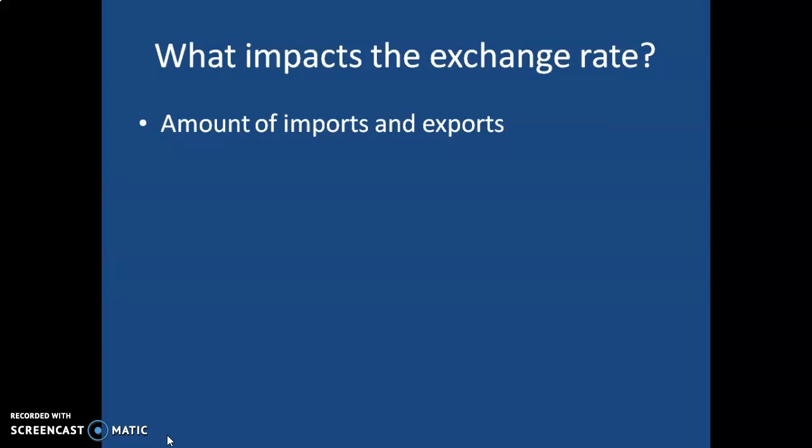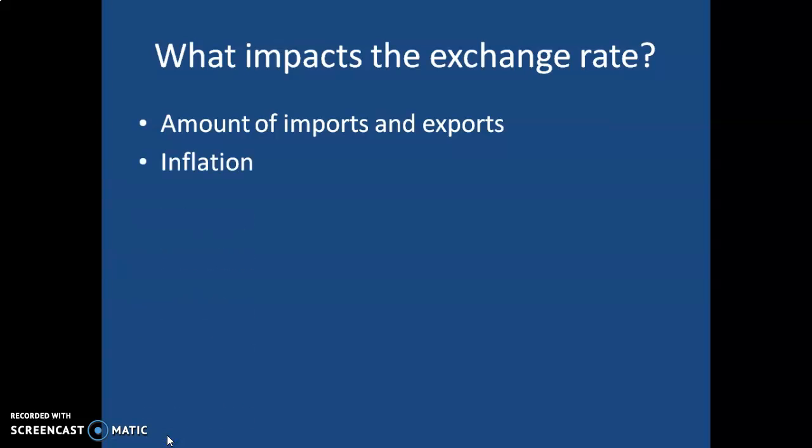If, on the other hand, we start importing less and the trade deficit shrinks or even goes into a trade surplus, the value of the US dollar would appreciate. It would go up against the value of the yen. So bigger deficit equals lower value of currency, or depreciation. Less deficit or surplus equals a greater value, or appreciation.